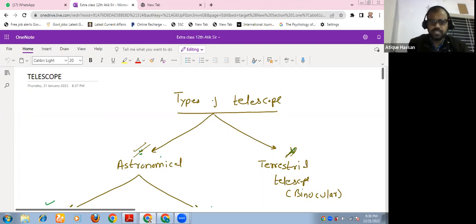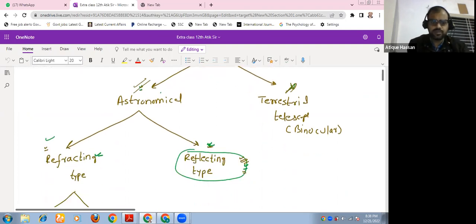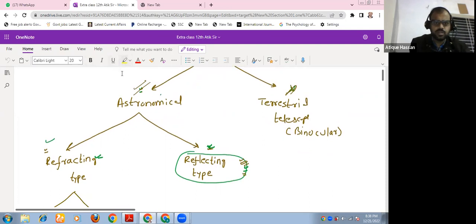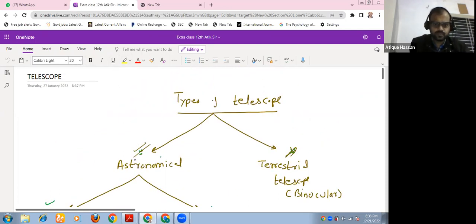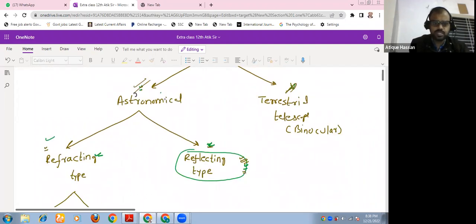Now if you see the types of telescope, generally we have two kinds: astronomical and terrestrial telescope. But the most common is the astronomical telescope, and in astronomical we also have two types, refracting type and reflective type.